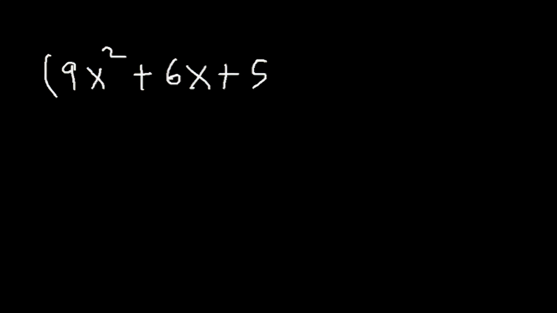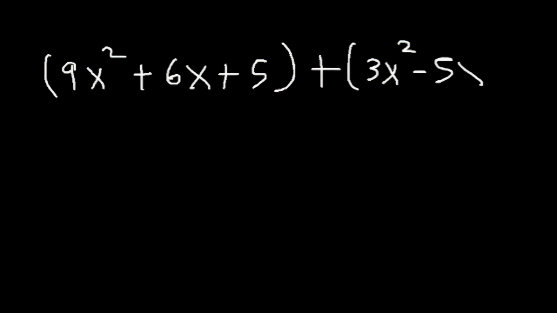Try this one. Let's say if you have 9x squared plus 6x plus 5 plus 3x squared minus 5x minus 9. So notice that we can add 9x squared and 3x squared.